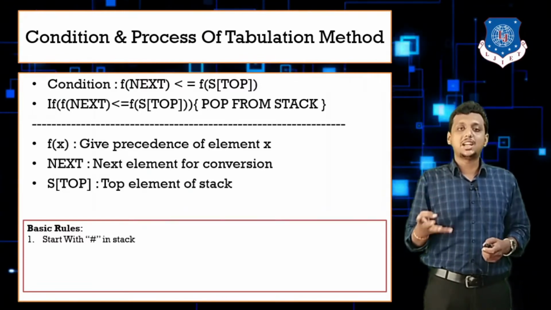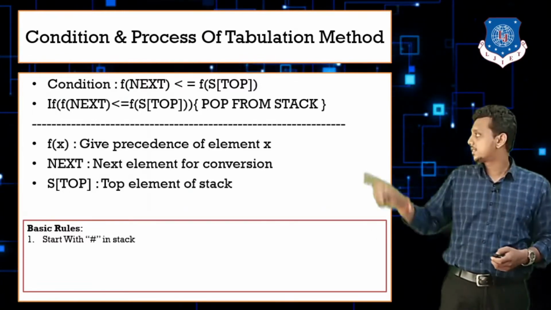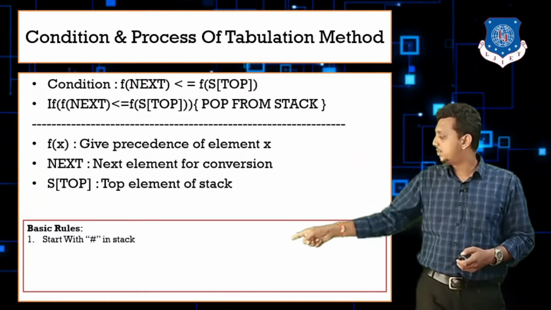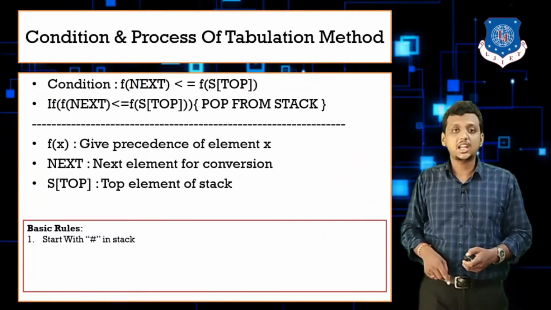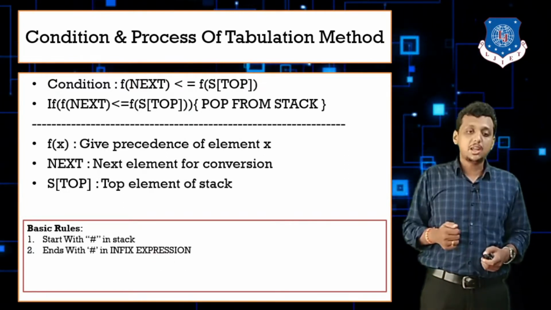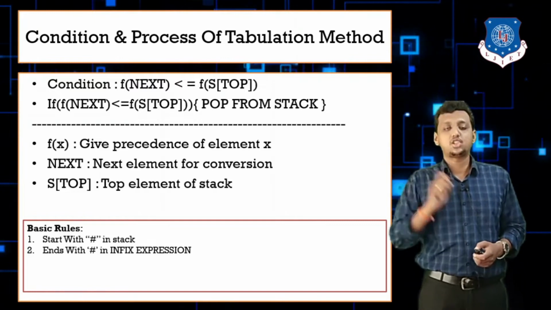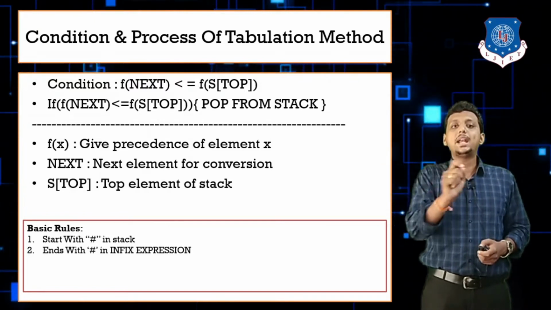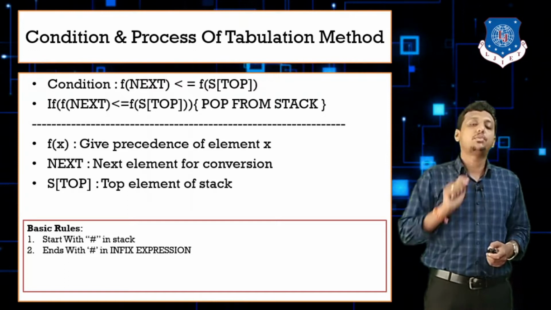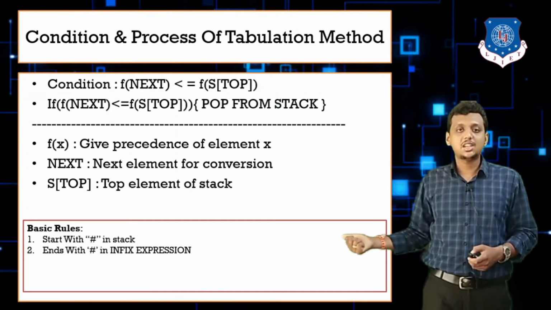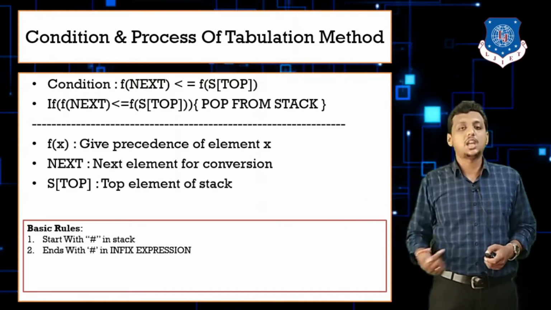First, we need to initialize our stack with hash. Second, our infix string is also appended by hash, because the appended hash shows the end of the string, and in the stack the initialized hash shows the end of the stack.